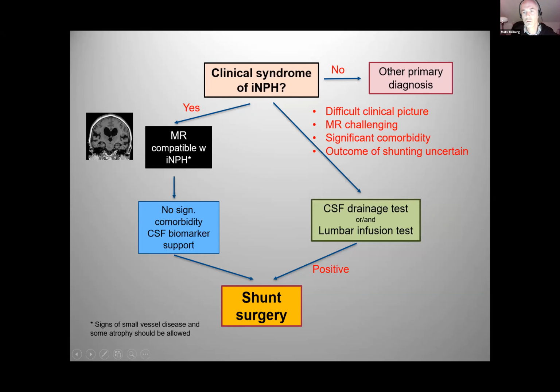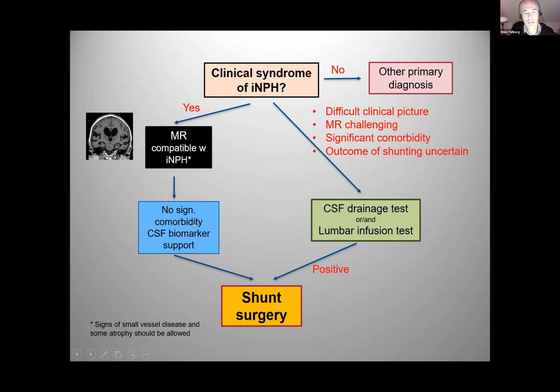If the answer is no, then there is another primary diagnosis. If the answer is yes, then look at the MRI. If that is compatible with INPH, and here you should allow signs of small vessel disease and at least some atrophy, then you should move on.